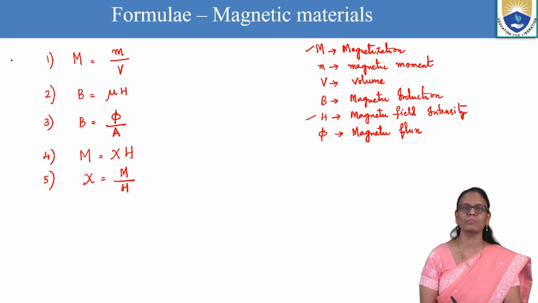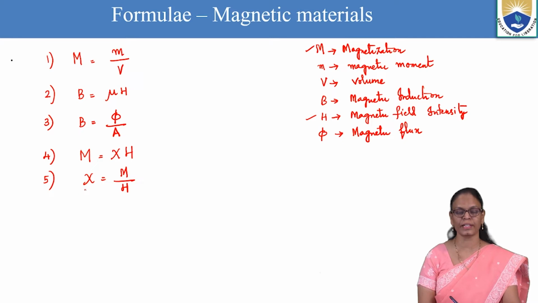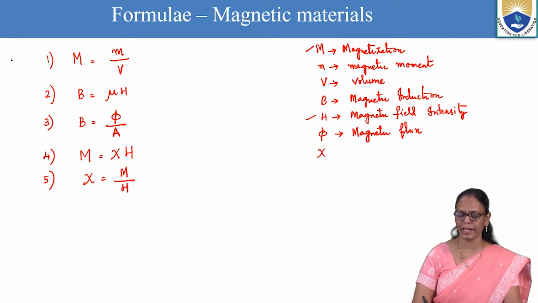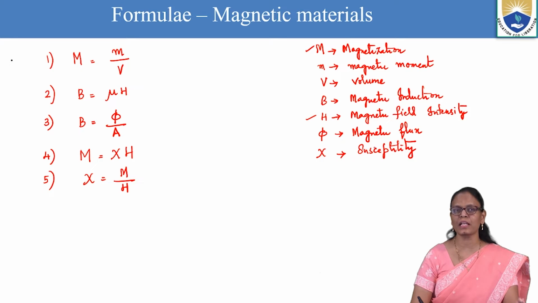The more the magnetic field intensity, the more the magnetization, and this proportionality constant we call chi, the susceptibility. It means the ease with which a material can be magnetized depends upon the value of chi.